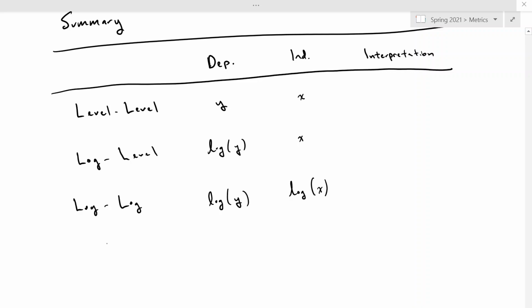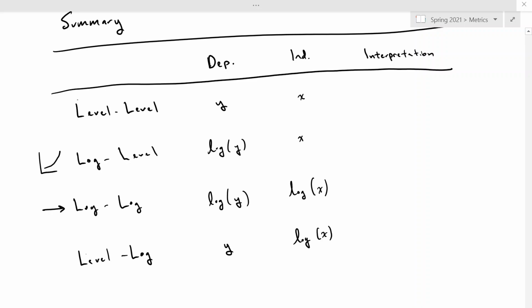And the one that we didn't cover, just because it's less common, is level log. And so we would have the level of y and log of x. And that too, it's going to have a percentage interpretation. It's just not so common, and this one is more useful there. This one will give us that exponential relationship, and then level is as normal.